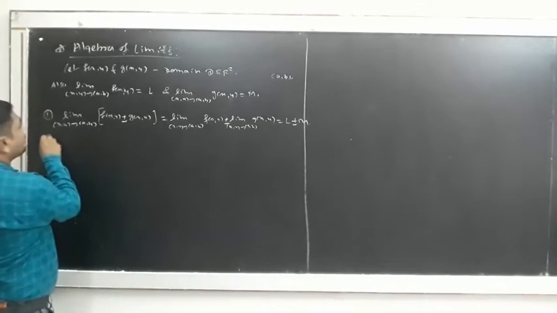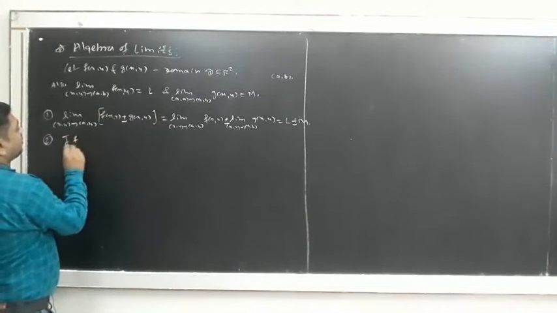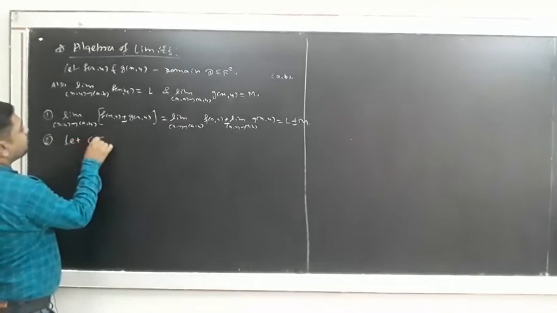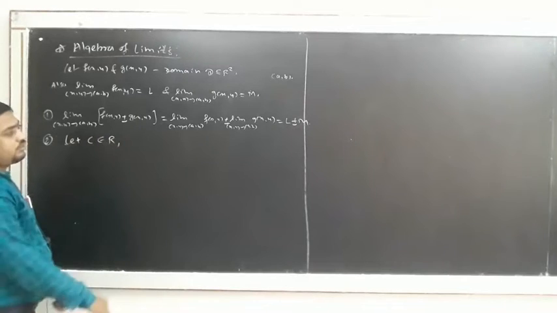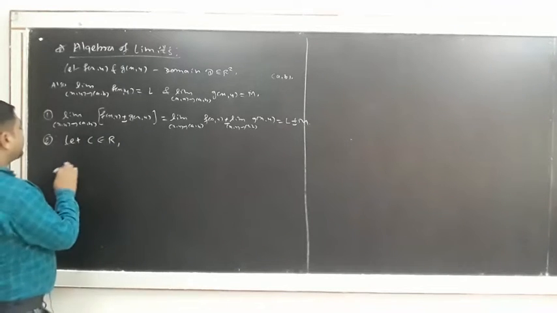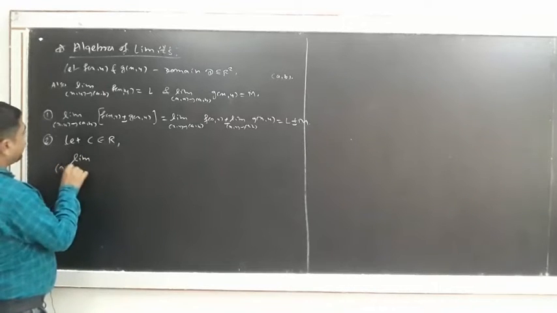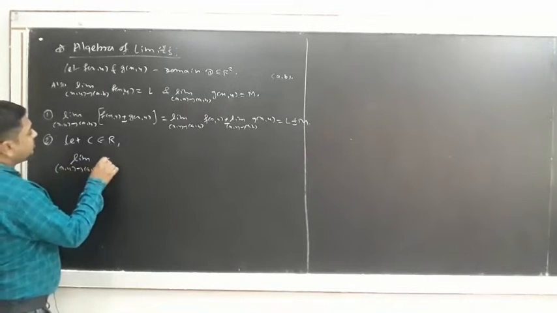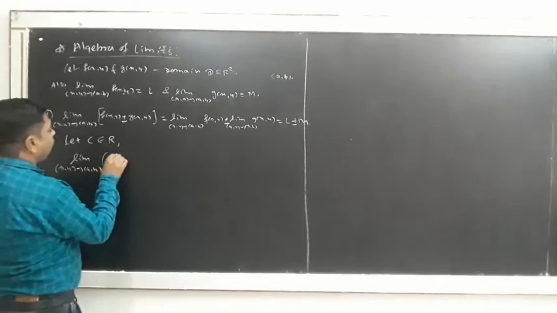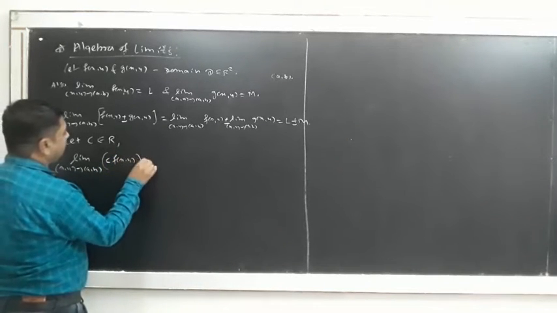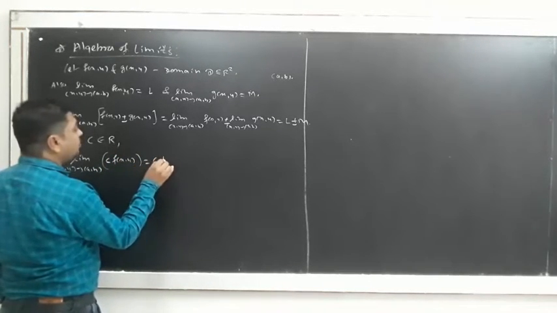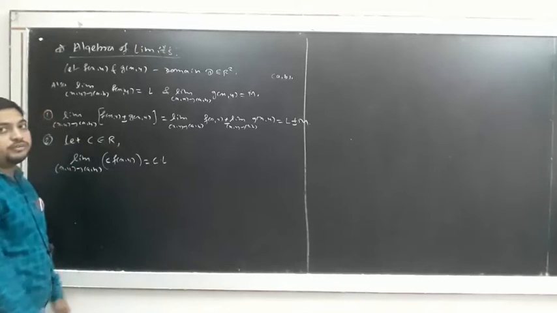Second, let C be any real number, then we can write one more rule: limit xy tends to AB, C into f of xy is equal to C into L. I am writing directly.